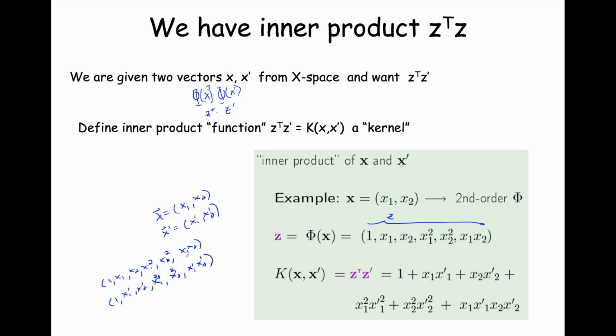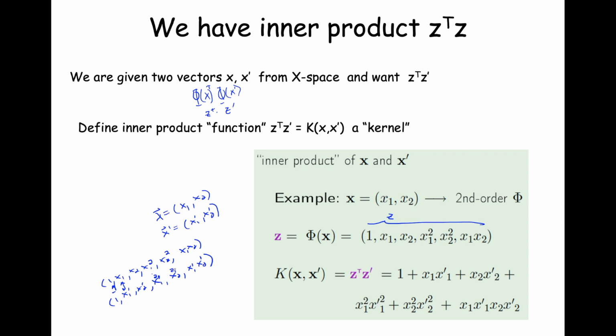Well, multiply these two vectors together, the inner product, this transpose with the second one, and we get Z transpose Z prime is equal to 1. So that's the product of these two terms. We get x1 times x1 prime. We have x2 times x2 prime. There's that term. We have x1 squared times x1 prime squared.